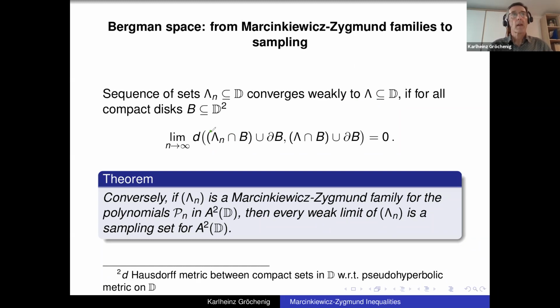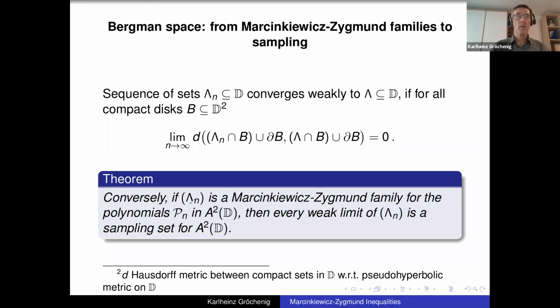And then you have a finite set, and you require that this finite set converges to some other set, and the convergence should be in the Hausdorff metric of compact sets. The underlying metric would be the pseudo-hyperbolic metric on the unit disk. So all this can be worked out explicitly, and I think is known.